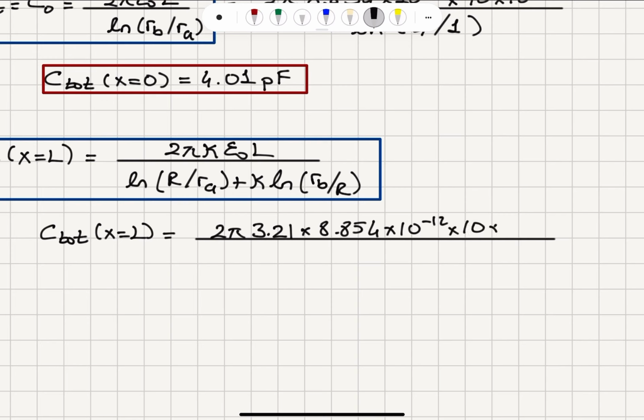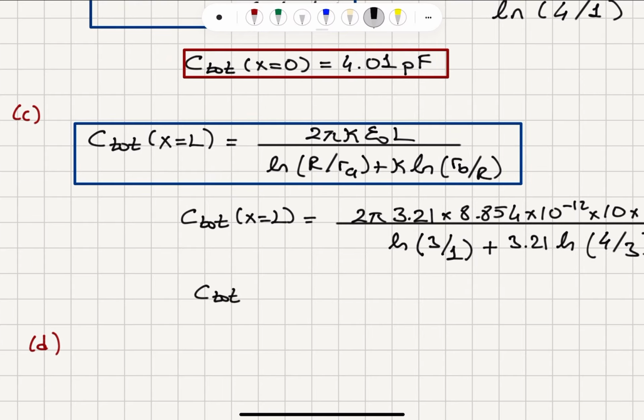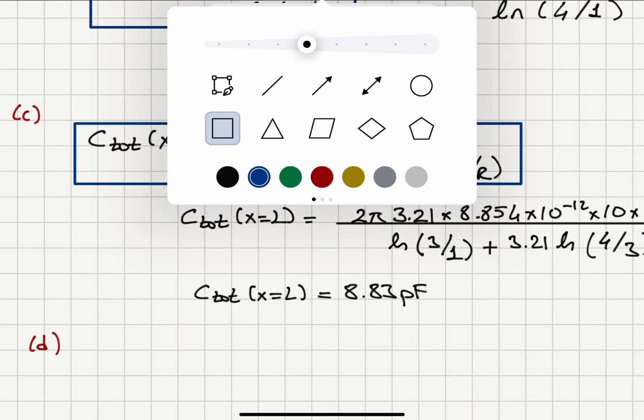The length is 10 times 10 to the minus 2 meters. Natural logarithm, now capital R is 3 centimeters, so 3 divided by 1, R over R A, plus 3.21 times natural logarithm, R sub B was 4 centimeters, 4 divided by 3. So this gives me, for C total when x is equal to capital L, 8.83 picofarads.